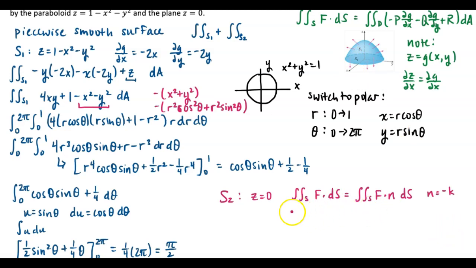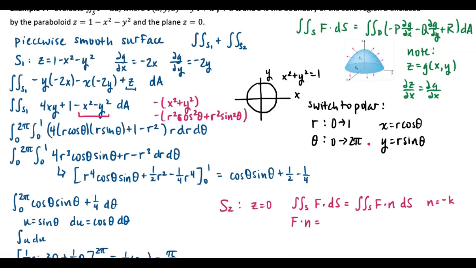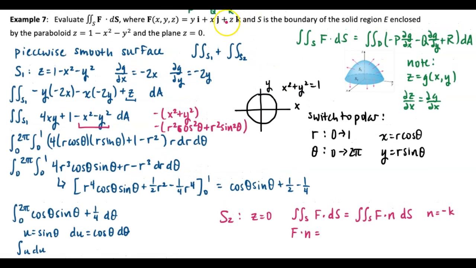And so when we take that dot product of the vector field and n, the i and j values are just going to be 0. We're multiplying a negative 1 by the z component, and the z component is z. And so this is just going to be z times negative 1, which is negative z.